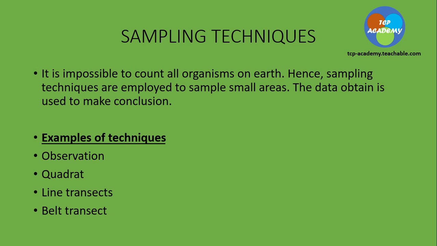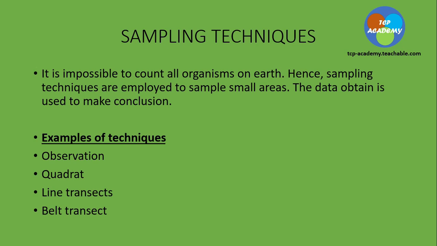The data obtained is used to make decisions or conclusions once analyzed, but one would appreciate that it is impossible for us to count all organisms on the planet Earth. Hence, we have to use some method of estimation that can bring us as accurately as possible to our reality.